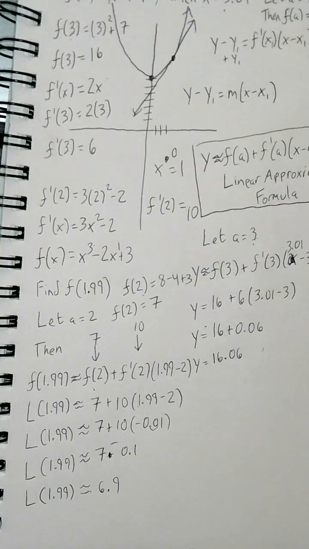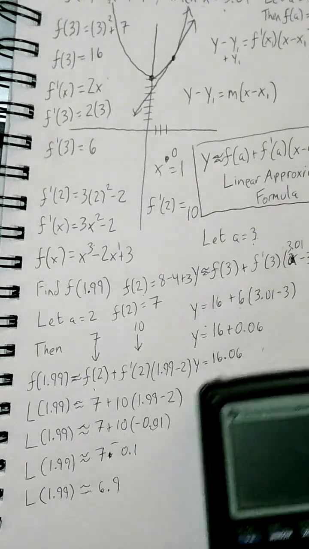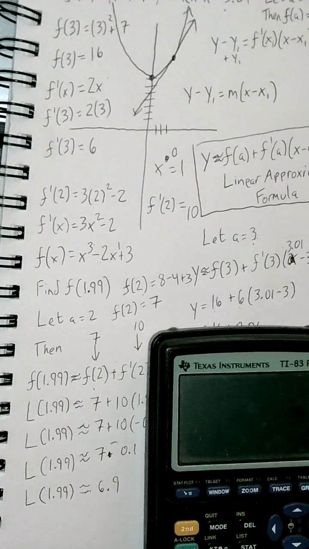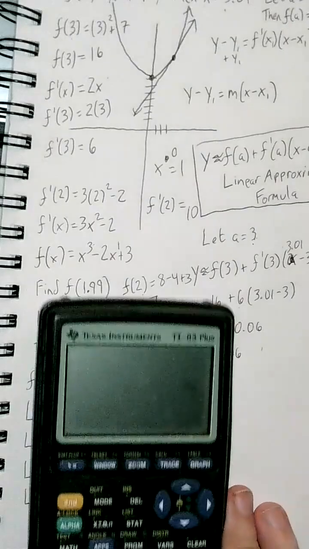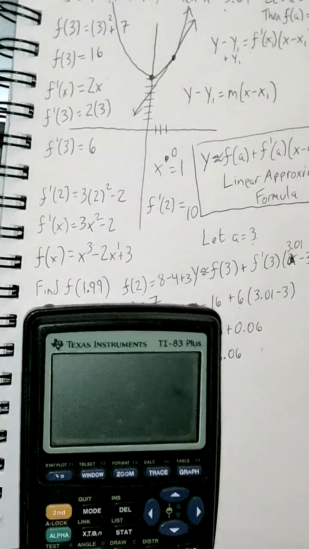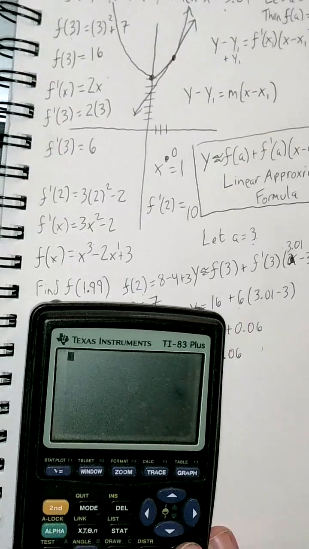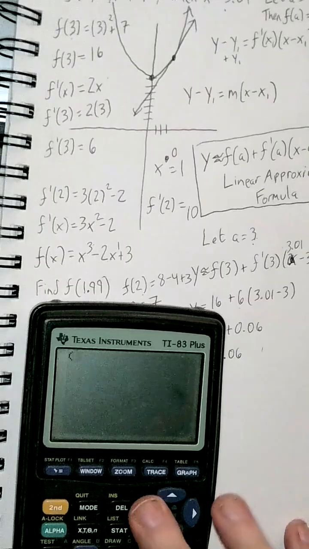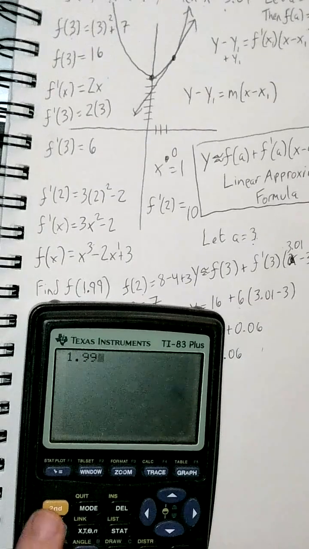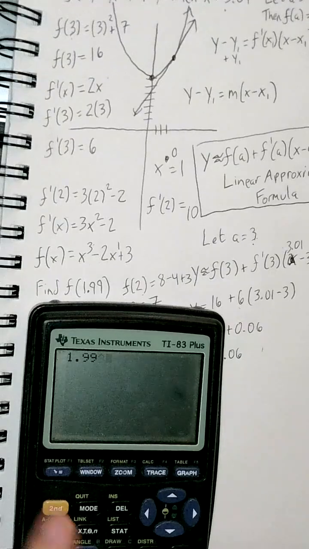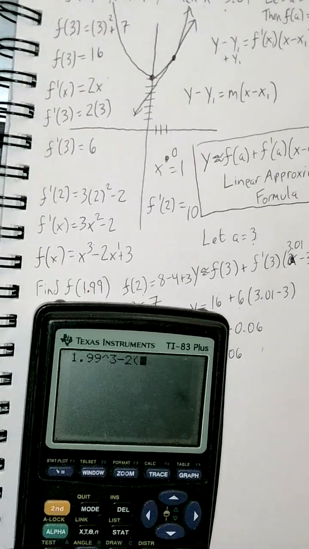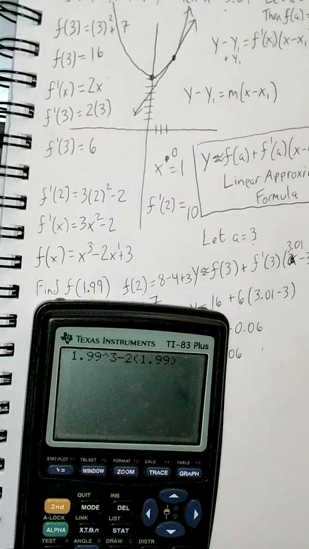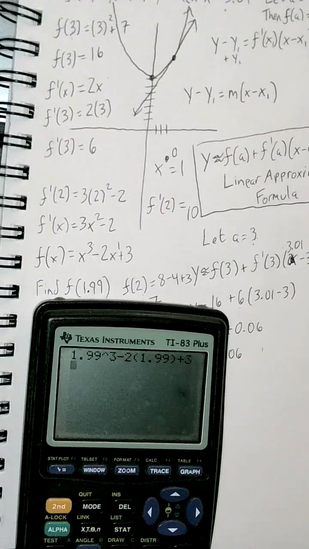So, let's see how close that approximation is. I'm now going to actually plug in 1.99 for x and see what I get. So I have 1.99 cubed minus 2 times 1.99 plus 3.